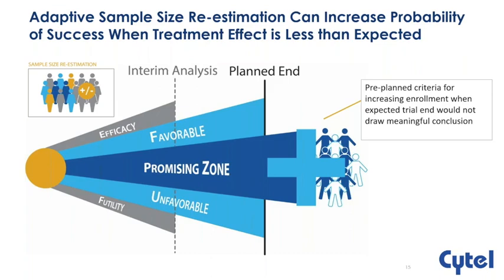But if the data at the interim analysis seems to be promising, but not satisfactorily good, so I will be covering all the zones here.